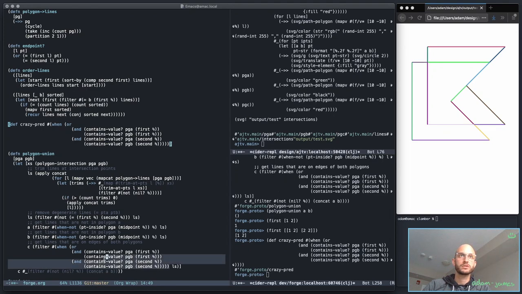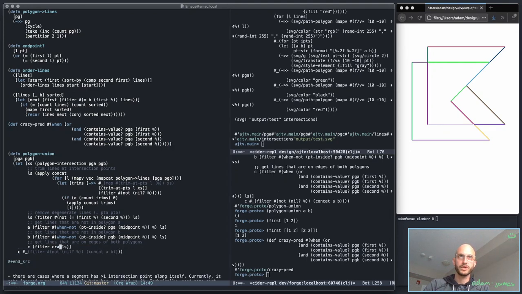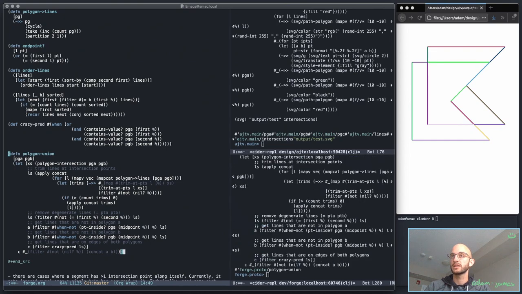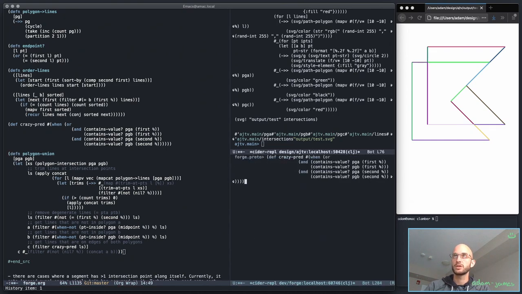So let's just clean this up. Crazy bread. It's not done. That's not a good name for it, obviously, but it should. Okay, it's working. I mean, the predicate's not working, but it's a beginning.